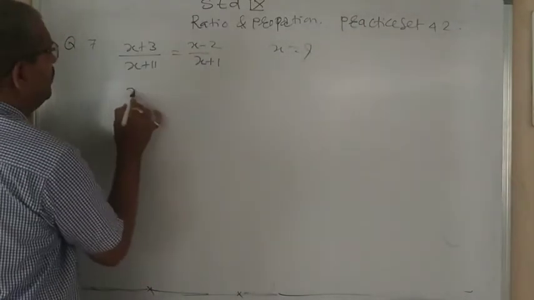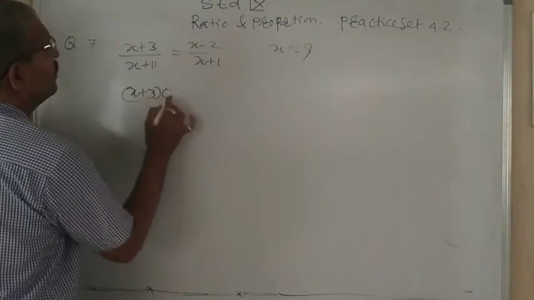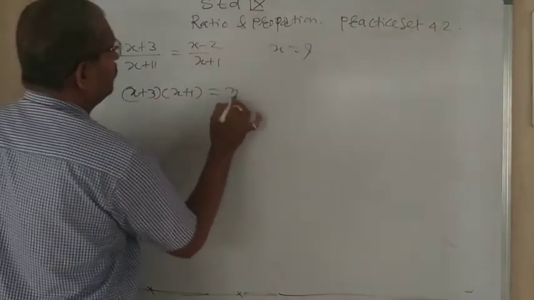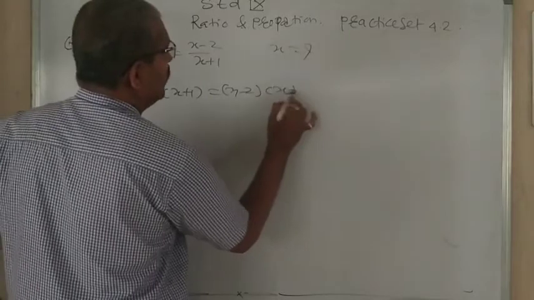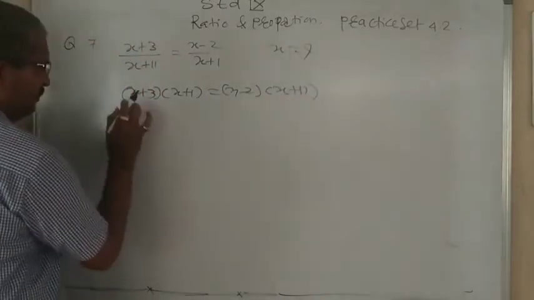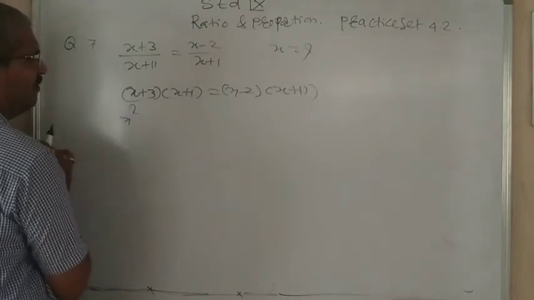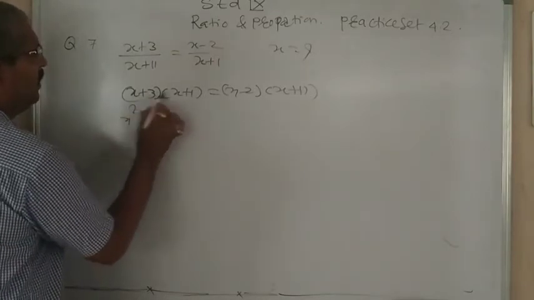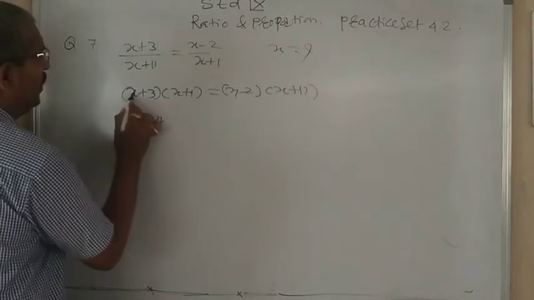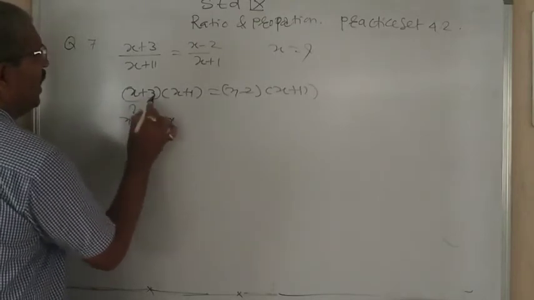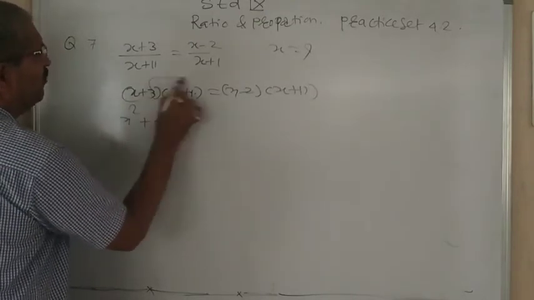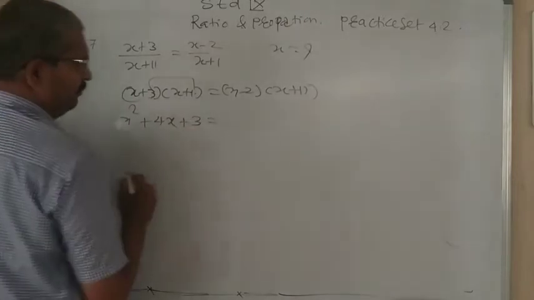Now we will do cross multiplication. (x plus 3)(x plus 1) equals (x minus 2)(x plus 11). Now multiplication: x into x is x square, 3 plus 1 is 4, so 4x, and 3 ones are 3.